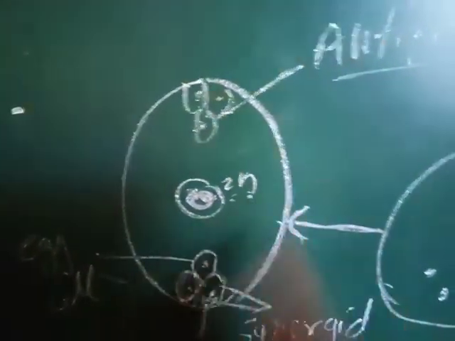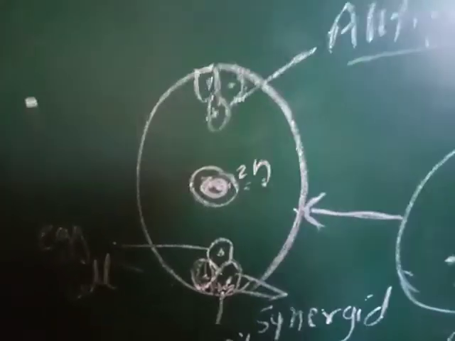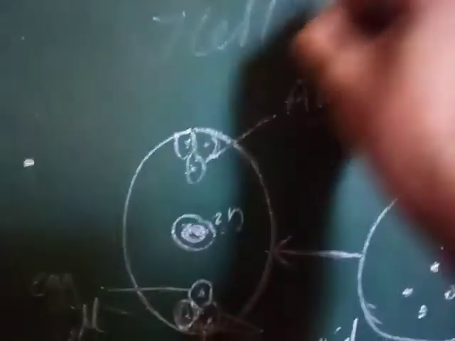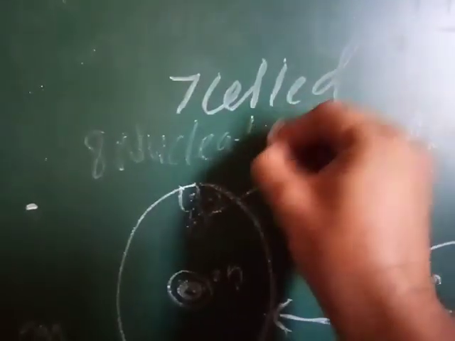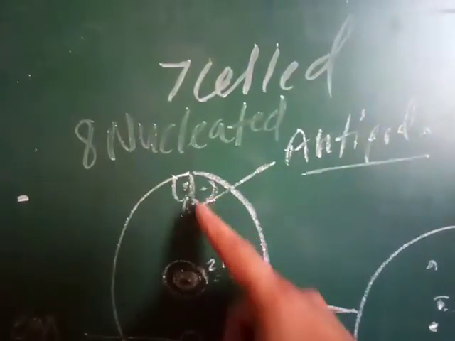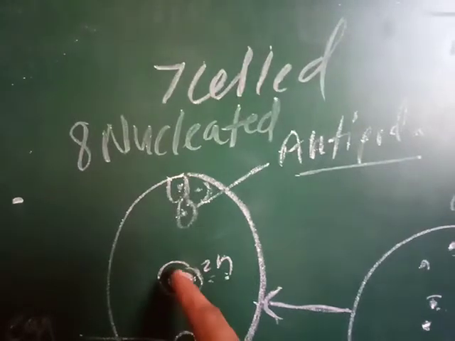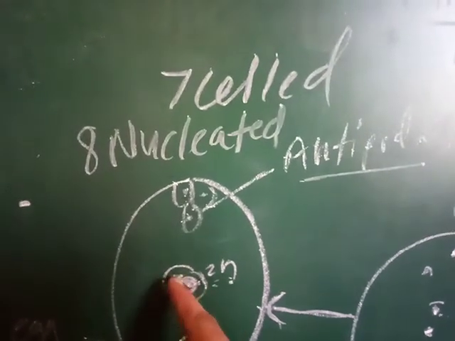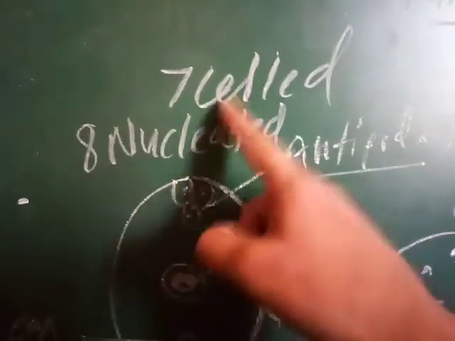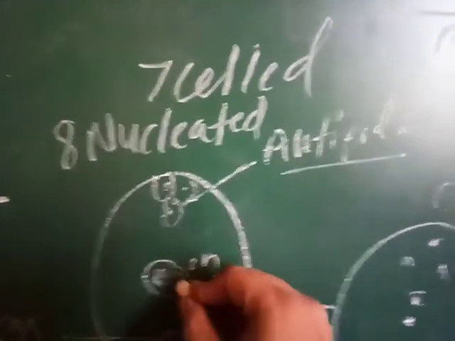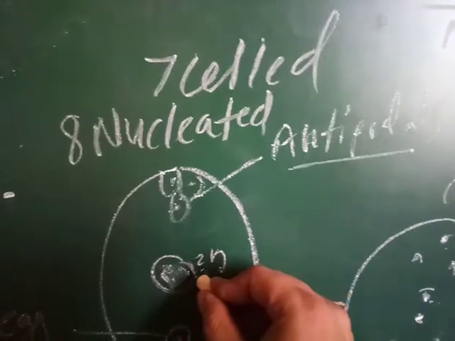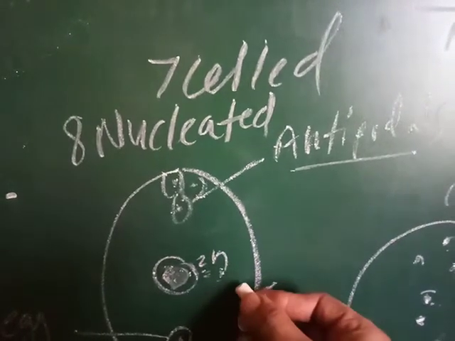So this female gametophyte is developed, which is a 7-celled and 8-nucleate structure. You can see 3 plus 3 is 6, and these 2 nuclei fuse just before fertilization. So it is a 7-celled, 8-nucleate structure.